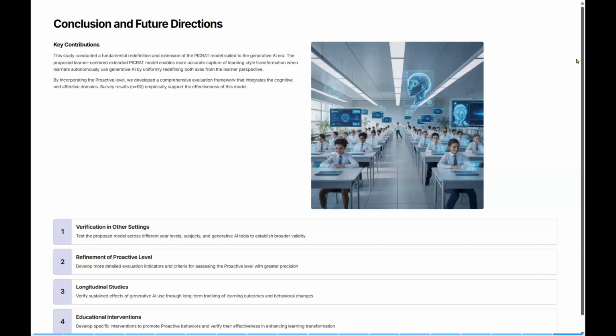We validated the model with 90 students. Results supported our theoretical proposal. Future research should test in different subjects and with different AI tools. Conduct longitudinal studies to see lasting effects.